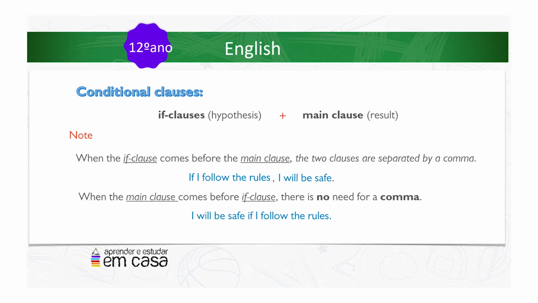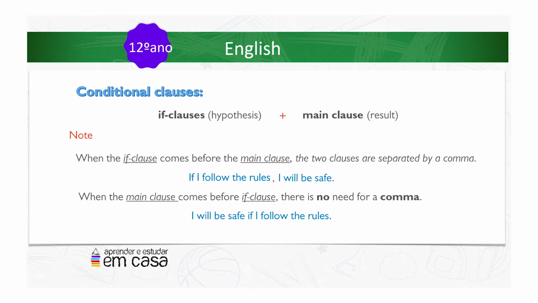Because the if clause doesn't come first, this means that there is no need for a comma. So if you start the sentence with the if clause, then you put a comma and then the result clause. Or if you start with the main clause and if goes in the middle, no need for commas, right?